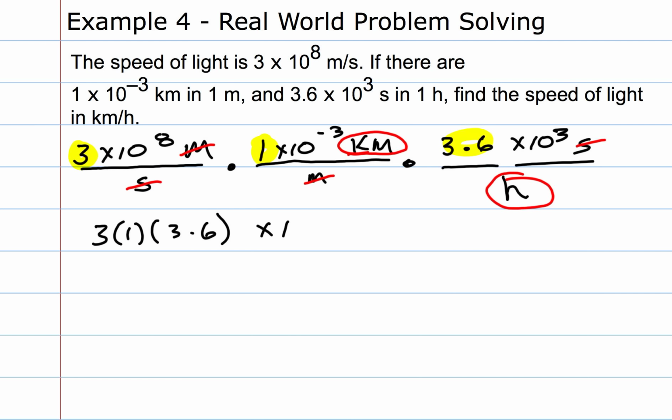And that would be times 10 to the, and since each one of these bases is base 10, all we have to do is add the 3 exponents. This ends up being real easy addition. 8 plus a negative 3 plus a positive 3.